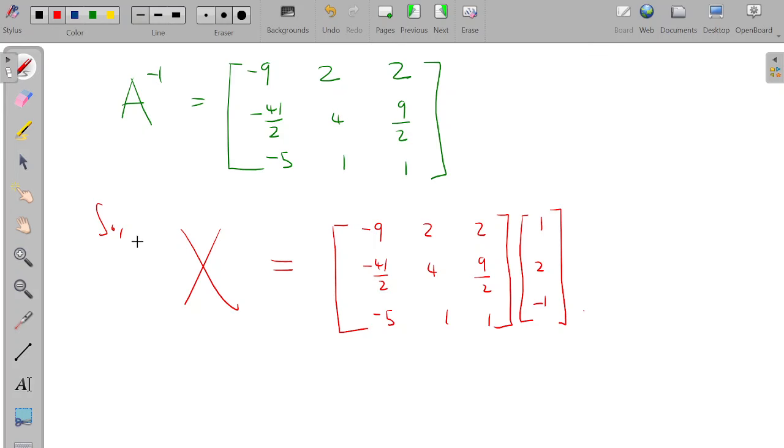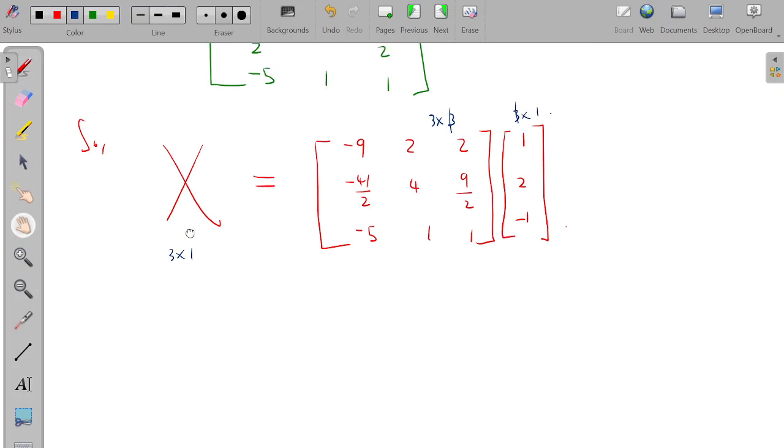Okay, we're going to multiply them together. When you are multiplying, you must be sure that they can multiply. This is 3 by 3. This is 3 by 1. So when you multiply together, the size of X should be 3 by 1.